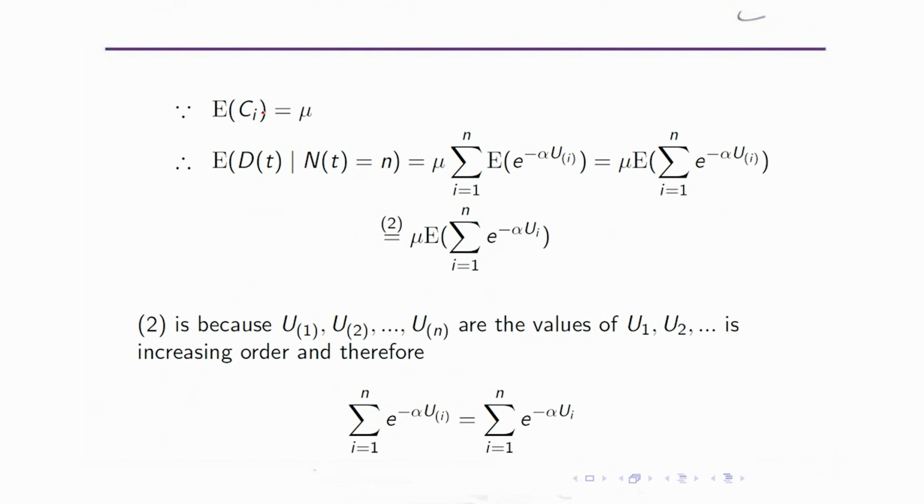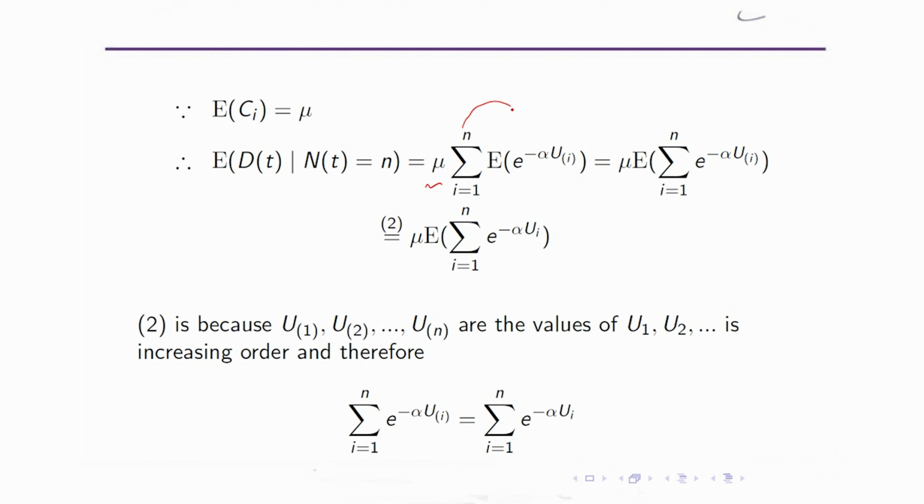Now, because the expectation of Ci is equal to mu, the expectation of Dt conditional on Nt equal to little n is equal to mu times the summation of the expectation of e to the power of minus alpha U(i).